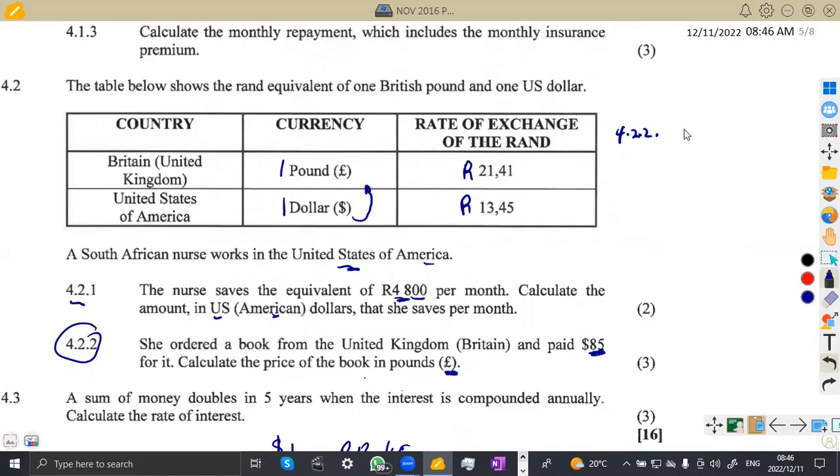So that one is 13.45 over 21.41 like that. So by doing this, you have converted to pounds. So you can multiply by the amount, which is the $85. So this is the amount that you're going to have in pounds.